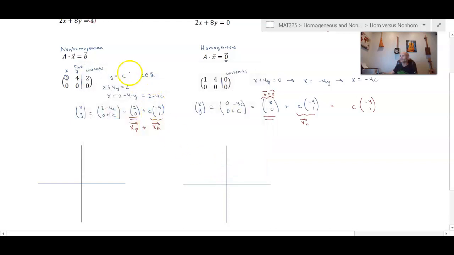The solutions to the non-homogeneous system will be the vector 2, 0, which is a vector that points 2 units to the right, 0 units up or down. I'll make that look a little nicer. That's going to be the 2, 0 vector. There it is.